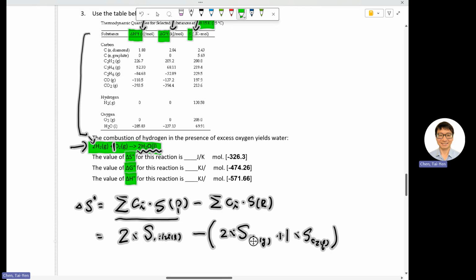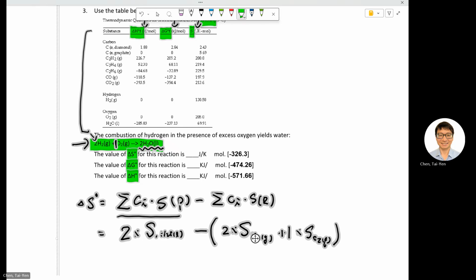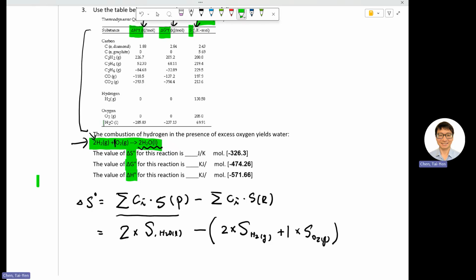First, find the entropy of your H2O liquid. H2O liquid is right here, right? The entropy term will be this. You need to know how to identify the numbers.